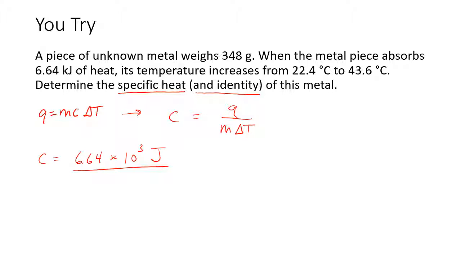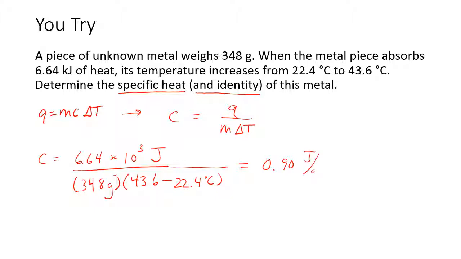So we have 6.64 times 10 to the third joules. Our mass is already listed in grams, 348 grams. And our temperature change, T final, 43.6 minus 22.4 degrees Celsius. That should give us a specific heat of 0.90 joules per gram degrees Celsius. And looking at our chart of specific heats that's on Blackboard, the metal that specific heat is closest to is aluminum.